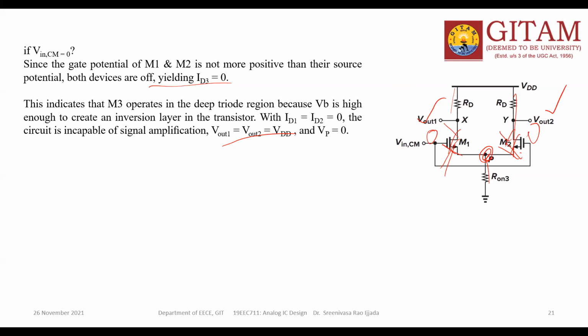What is the VP? VP is the voltage at node P. It is also 0 because there is no current in the circuit. No current is flowing from VDD to the ground.